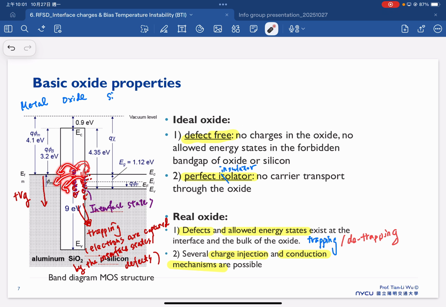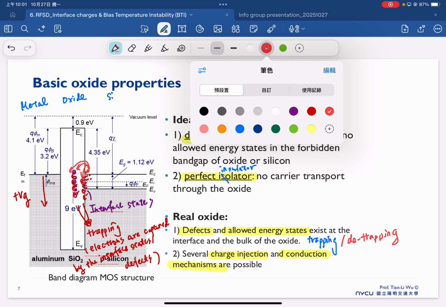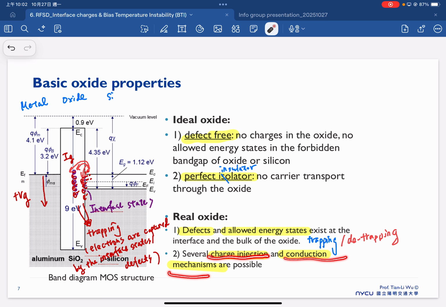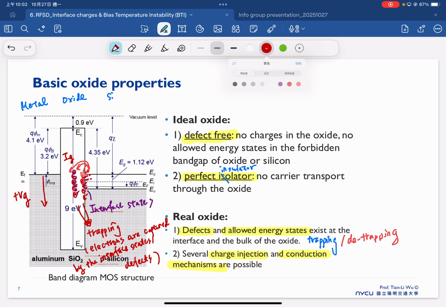Also, this charge injection in the end will cause leakage current issues. So the charge injection and conduction mechanisms are responsible for the leakage current.